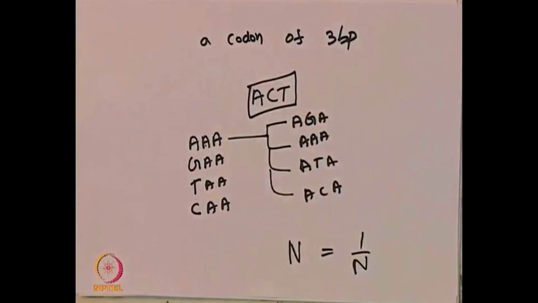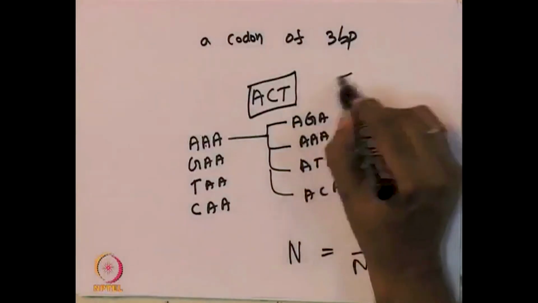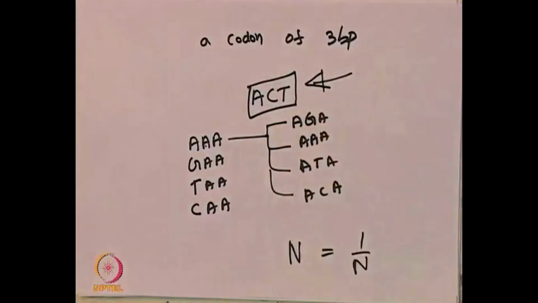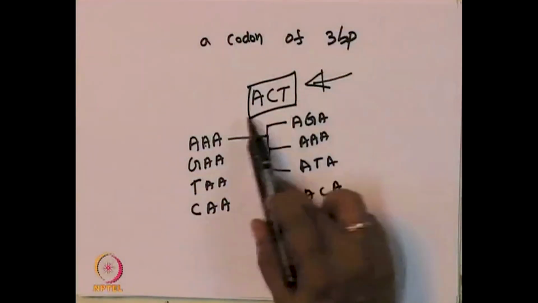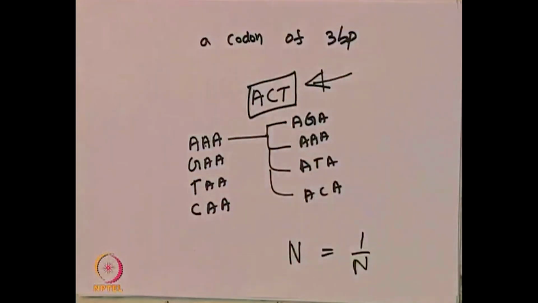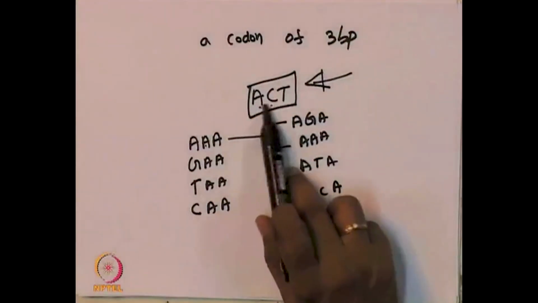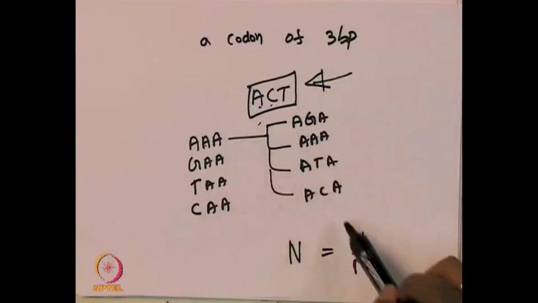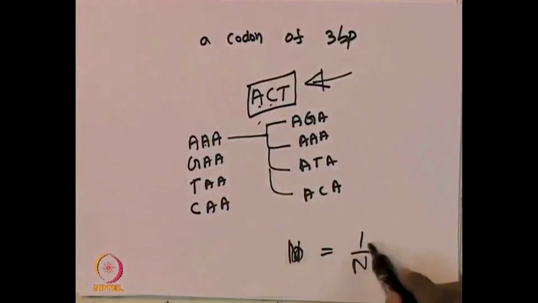So, take this assignment and find out what is the probability of finding a codon of ACT if all of the sequences were equally likely. The way to do this is to write down all possible combinations of having 3 of them, and then 1 over that will be the probability.